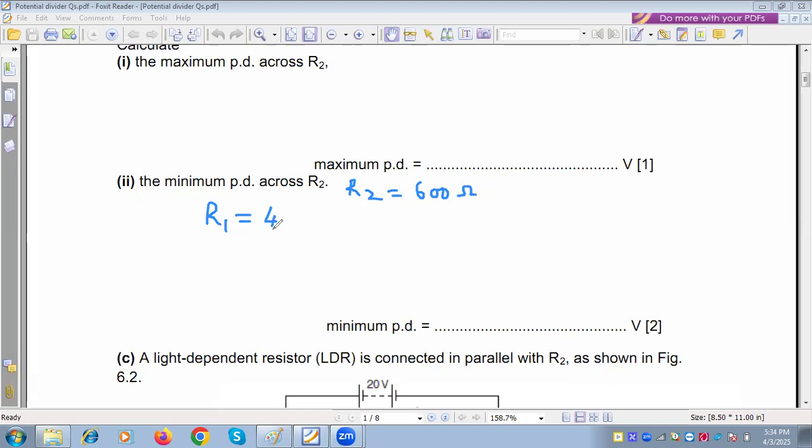So what will be the potential difference? Here we will use the potential divider formula. Because we have to calculate the potential difference across R2, we will call it V2.